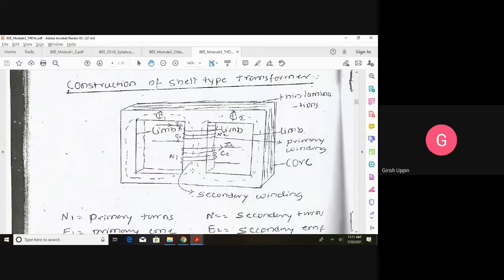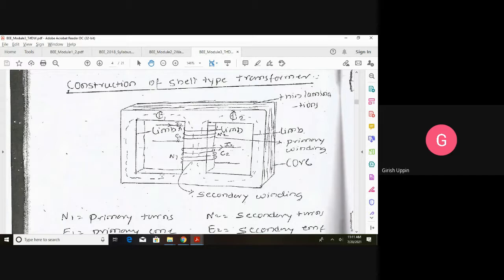So how do we compare the core type and the shell type? In case of a core type, we will have the winding on two separate limbs, and in case of a shell type, we will have both the windings on the same central limb. In case of a core type, there are two limbs. Here we have three limbs.